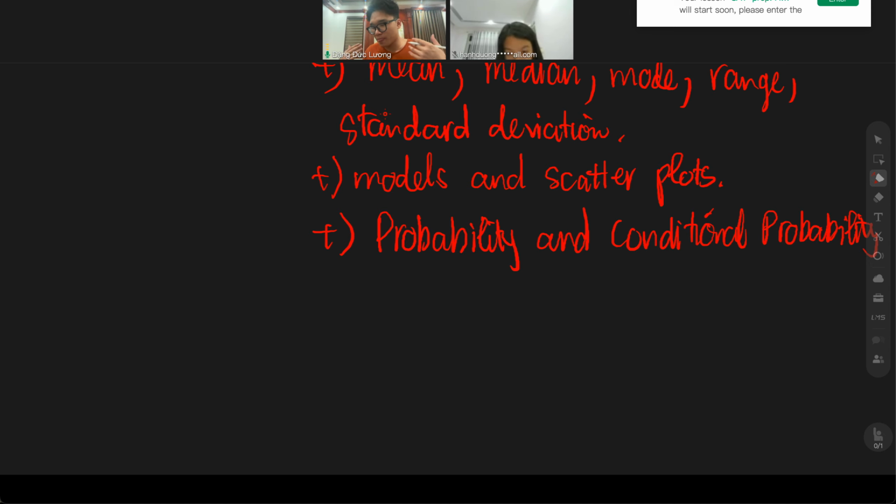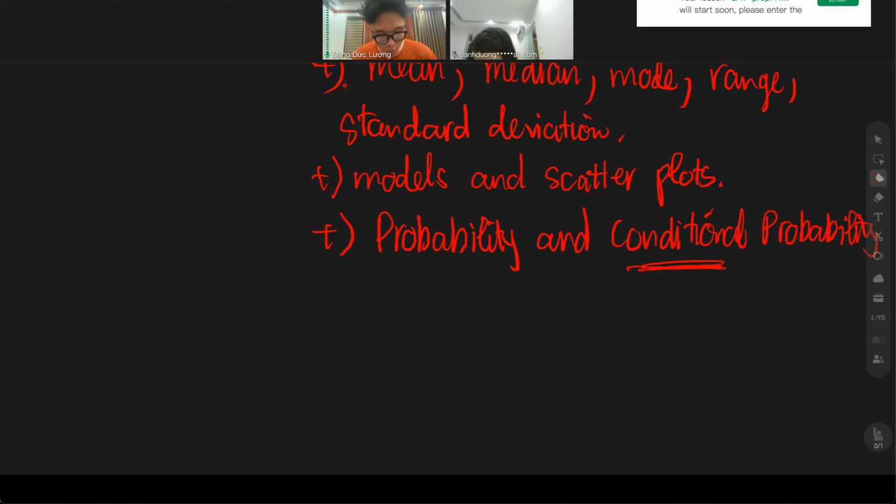I mean, they will create a sample space and trick you with conditional probability. You will have to be careful with the sample space when you do that kind of question.